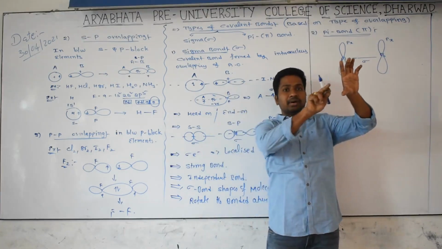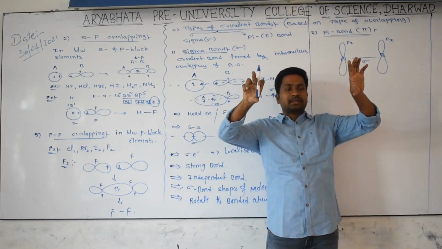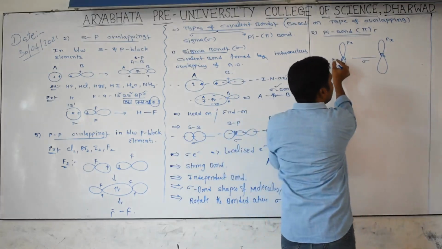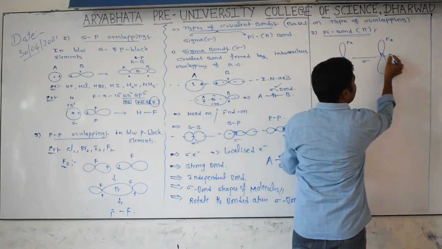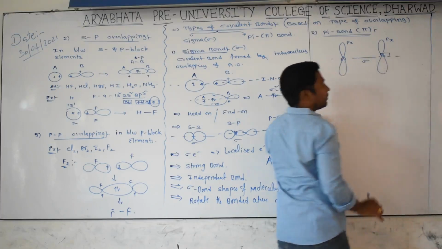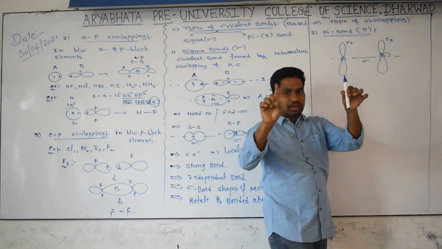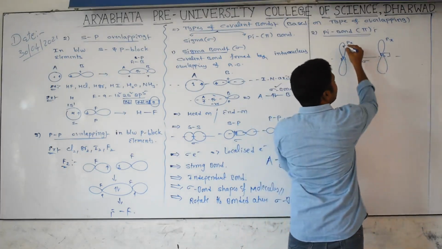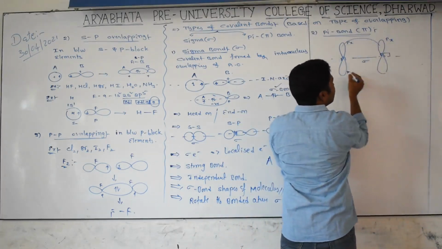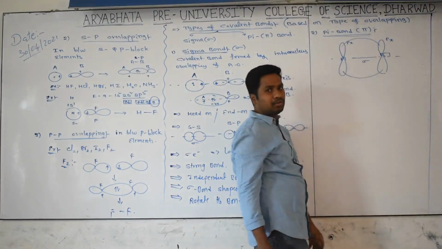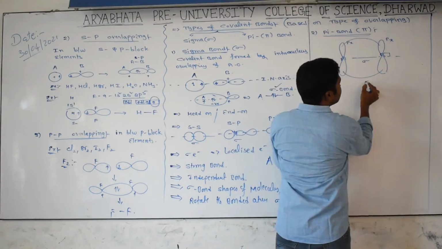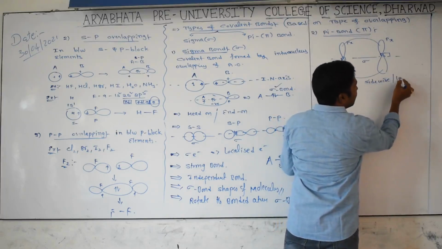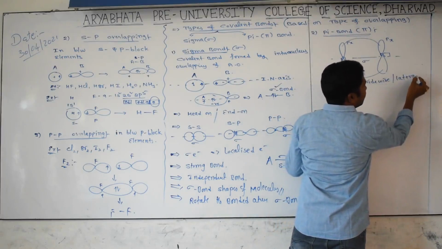If the sigma bond is here, the px and px orbitals are parallel together and perpendicular to the sigma bonded plane. Then they are involved in a special type of overlapping that is not internuclear; it is called sidewise overlapping, also called lateral overlapping.